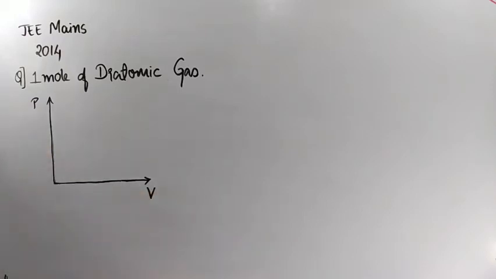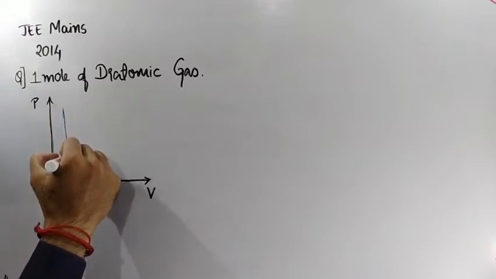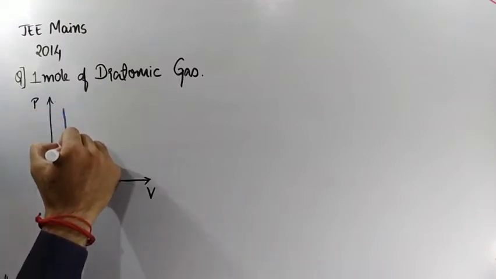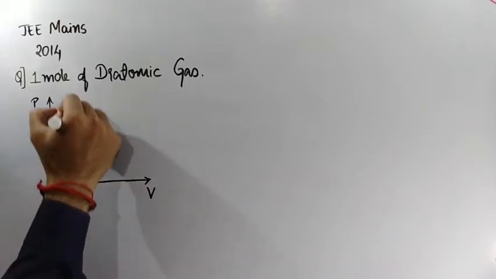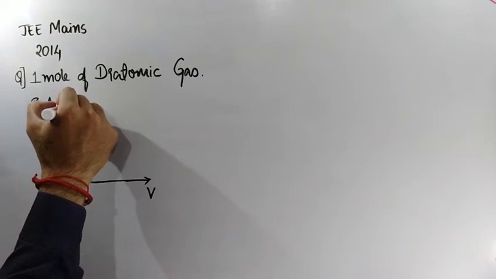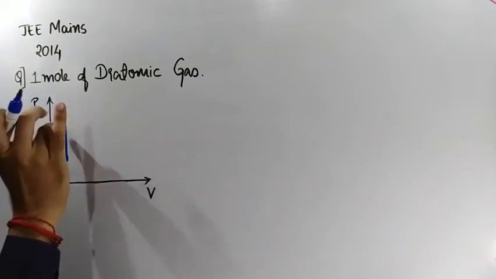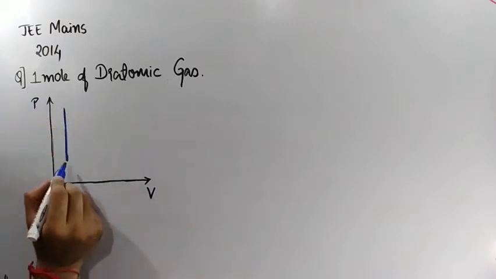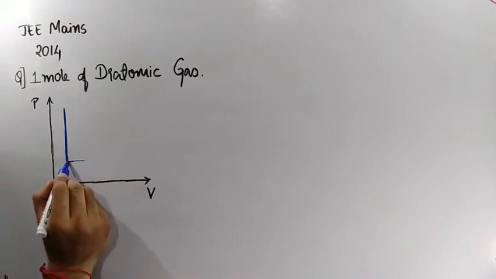Clear? And next, here one straight line is there, and here also one straight line is there.